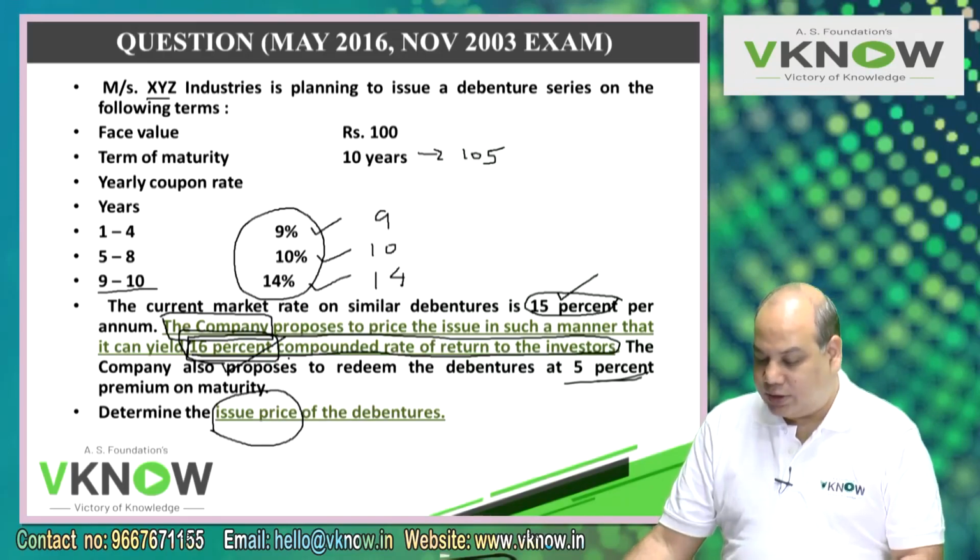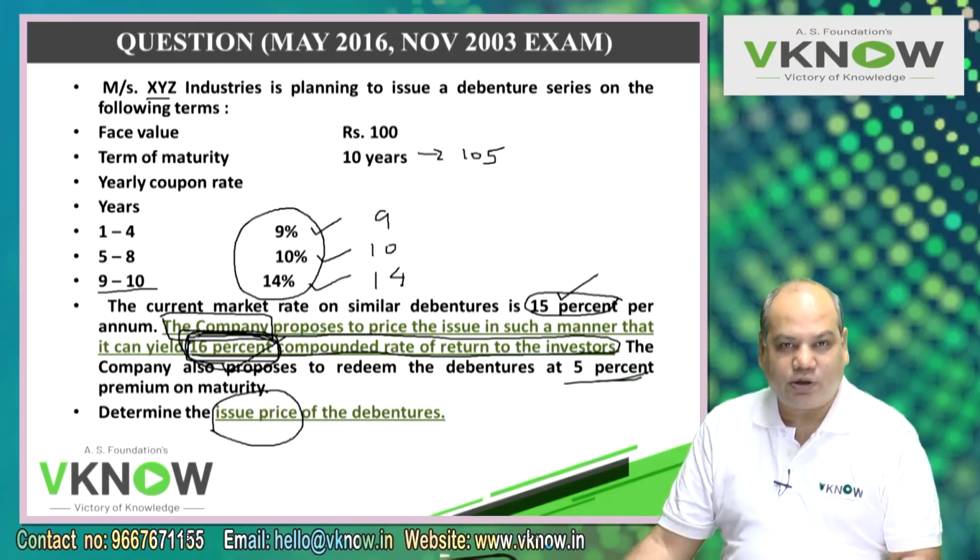Now it depends on what the company is proposing. Company is proposing to price in such a manner that the investor should earn a 16% rate of return, which means the answer is 16%. Then why is this 15% given to you? It is given to confuse you.